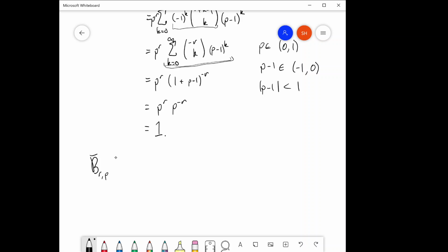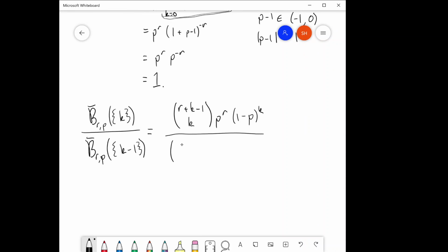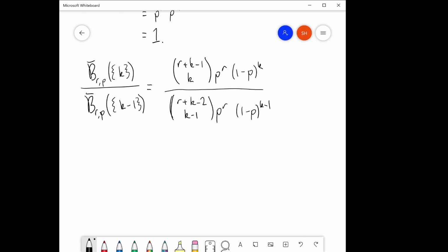So the negative binomial of k divided by the negative binomial of k minus 1 is equal to r plus k minus 1, choose k, p to the r, 1 minus p to the k, divided by r plus k minus 2, choose k minus 1, p to the r, 1 minus p to the k minus 1. Okay, well, this is quite a mess.